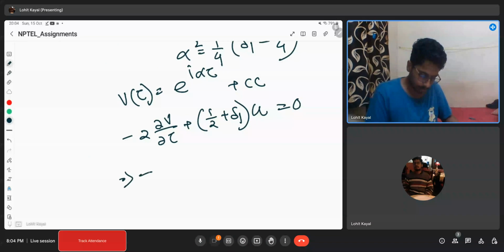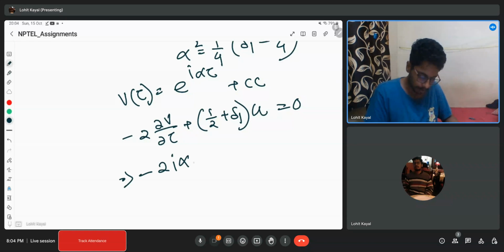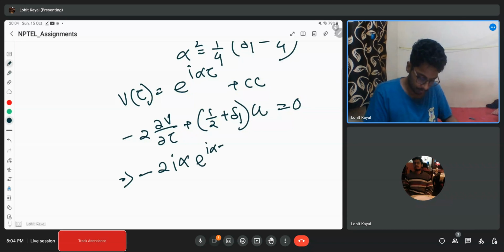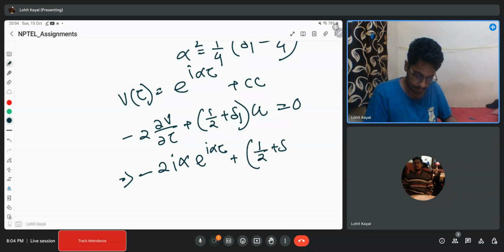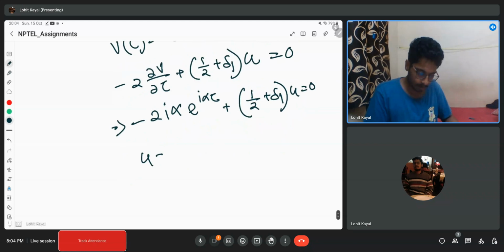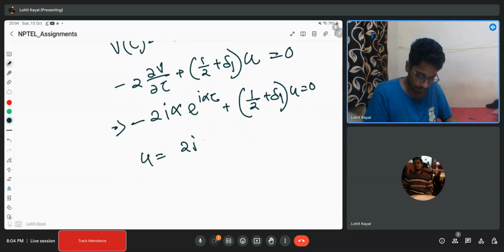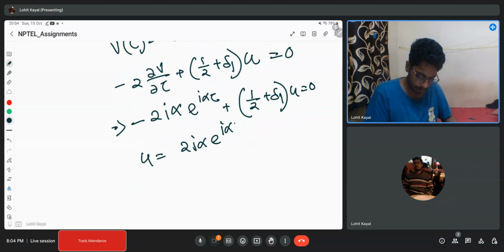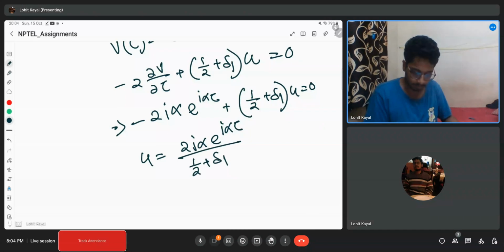So we get minus 2i alpha e to the power i alpha tau plus delta 1 u equals 0. So u equals 2i alpha e to the power i alpha tau divided by half plus delta 1 plus c.c.